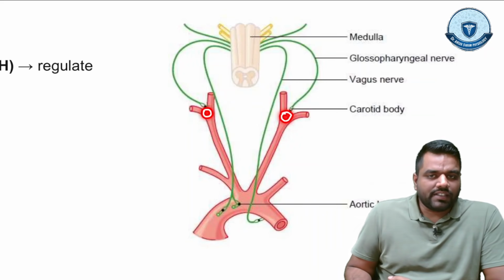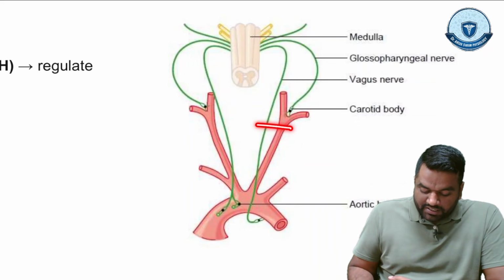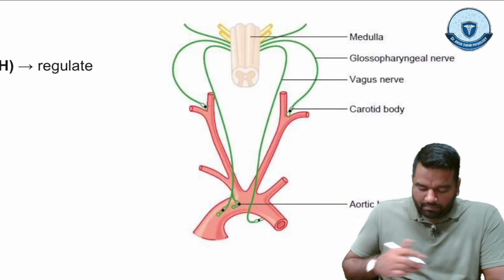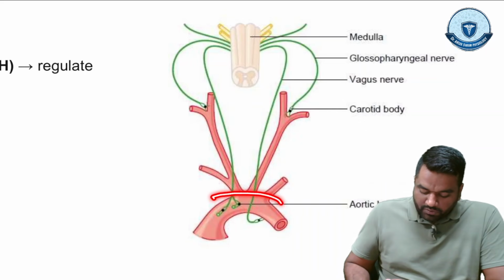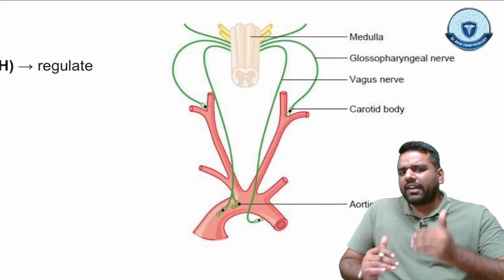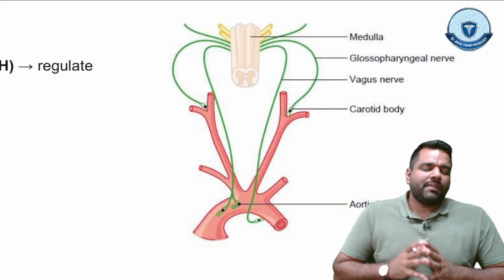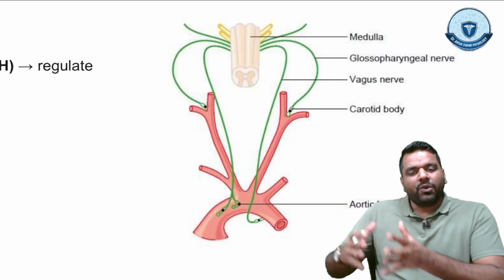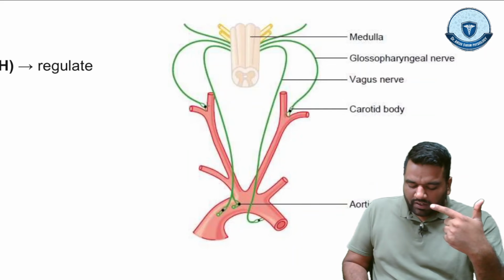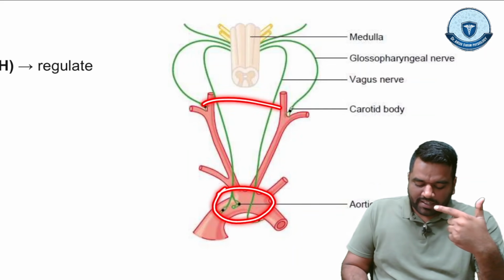So the receptor present in the artery we call the carotid chemoreceptor, and the receptor present here in the aorta we call the aortic chemoreceptor. Both are situated outside the brain, hence we call them peripheral chemoreceptors. So how many peripheral chemoreceptors are there? Two: number one aortic and number two carotid.